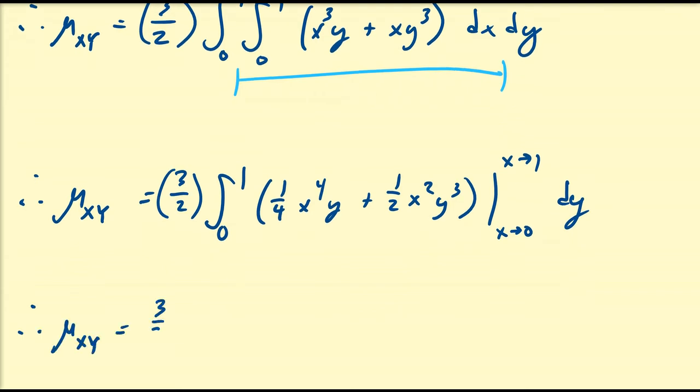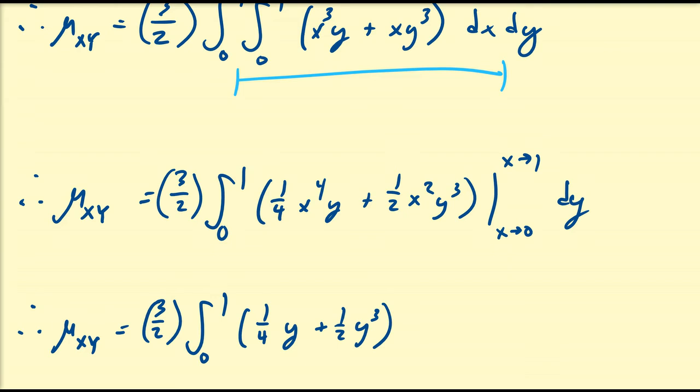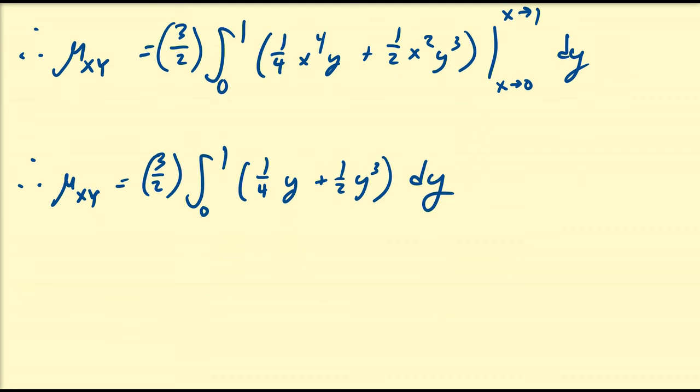So that's going to give us 3/2 times the integral from 0 to 1. As x goes to 1, pretty much the x's disappear in some way. So 1/4 y plus 1/2 y cubed. And as x goes to 0, they cancel out the terms completely. So we're just left with that dy.